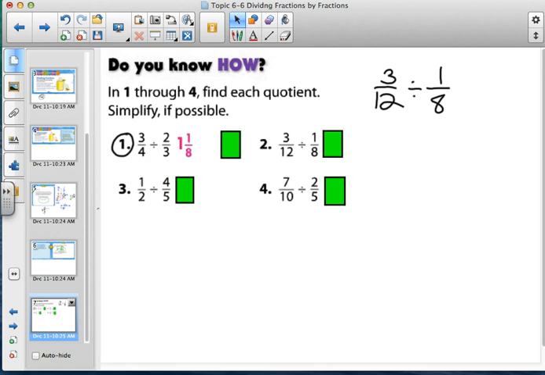But there can only be one. I have a lot more of the same answers over here. Okay, boards up. 1, 2, 3. Show me. What do you got there? Okay, boards down. Let's take a look.